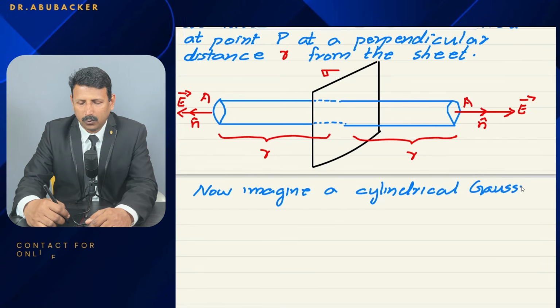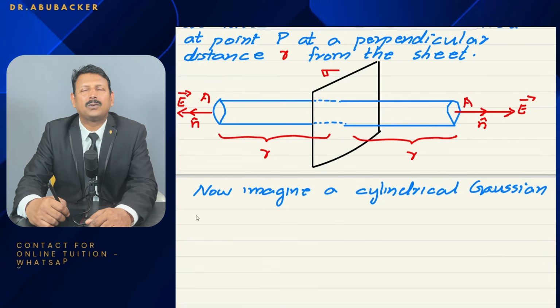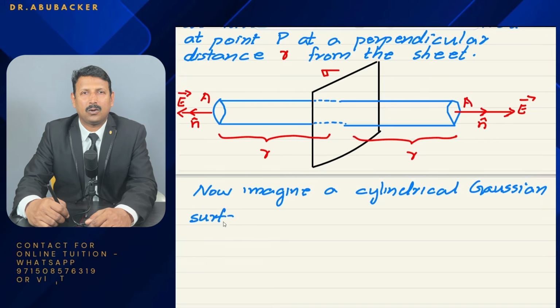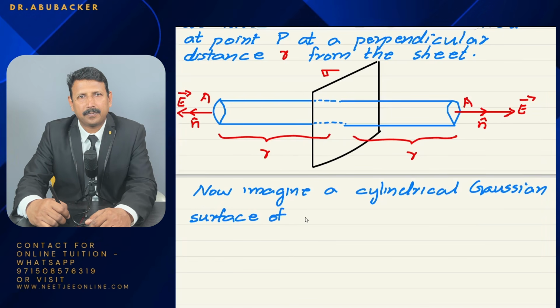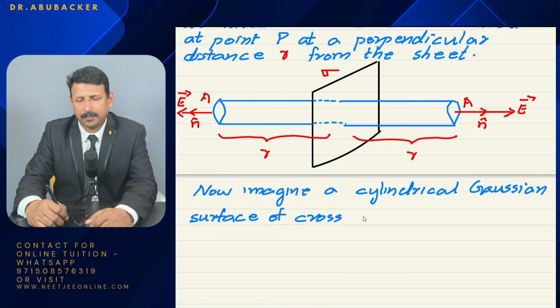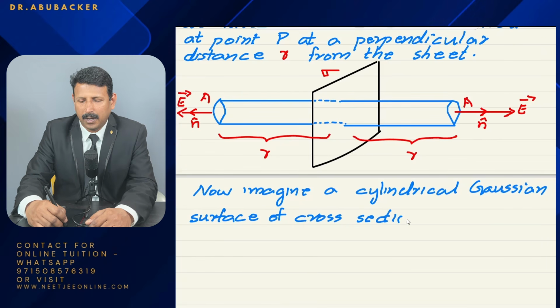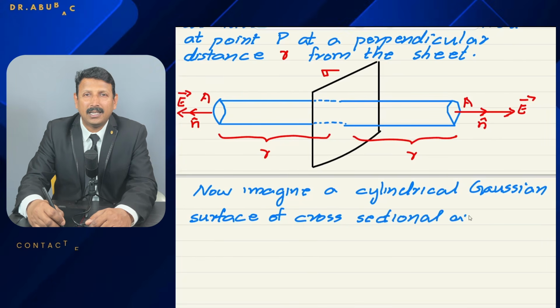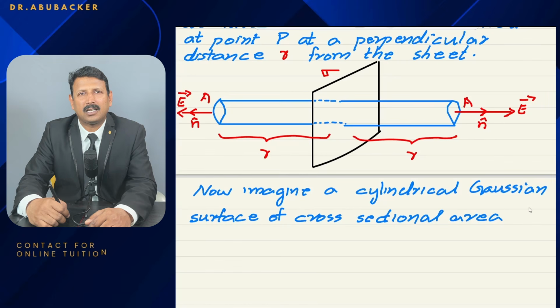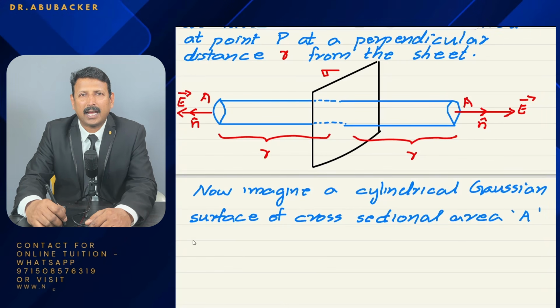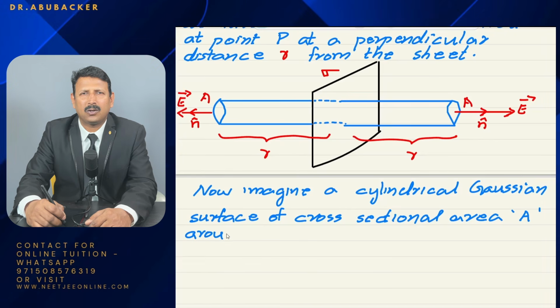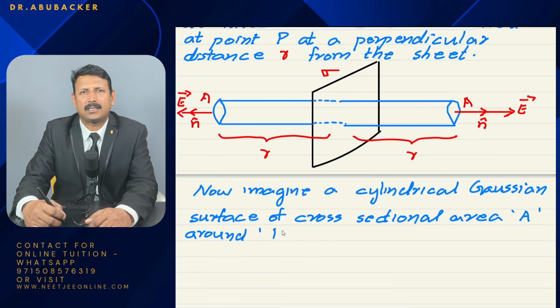So what do we want to imagine now? Now we want to imagine the Gaussian surface concept. Let me write: now imagine a cylindrical Gaussian surface of cross-sectional area capital A, as shown in the figure. You can see the diagram and understand.